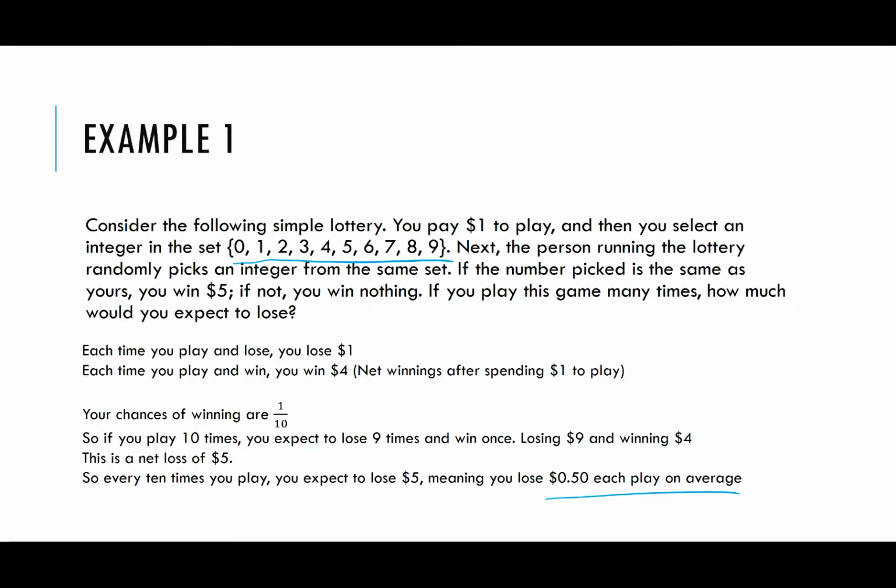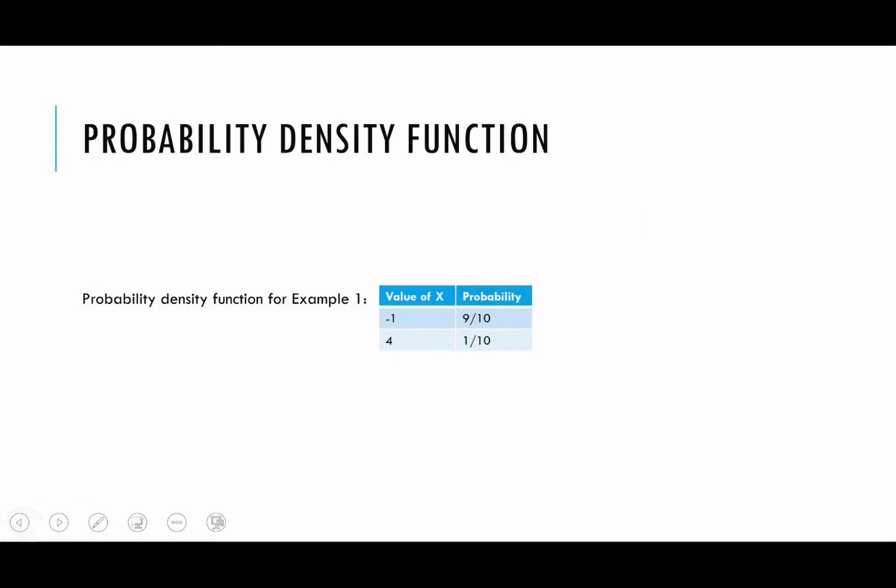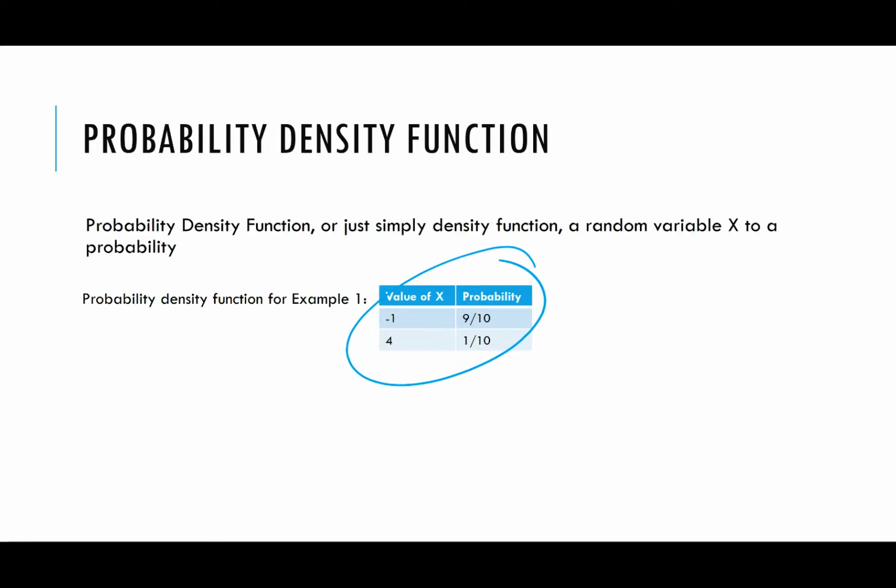So there's only 2 outcomes. You either walk away from this lottery winning some money or losing $1. Those are your outcomes. And because there's a 1 in 10 chance of you winning, that means there's a 9 in 10 chance of you losing. So a 9 in 10 chance you lose $1, or 1 in 10 chance you win 4. So that's the probability density function for that.